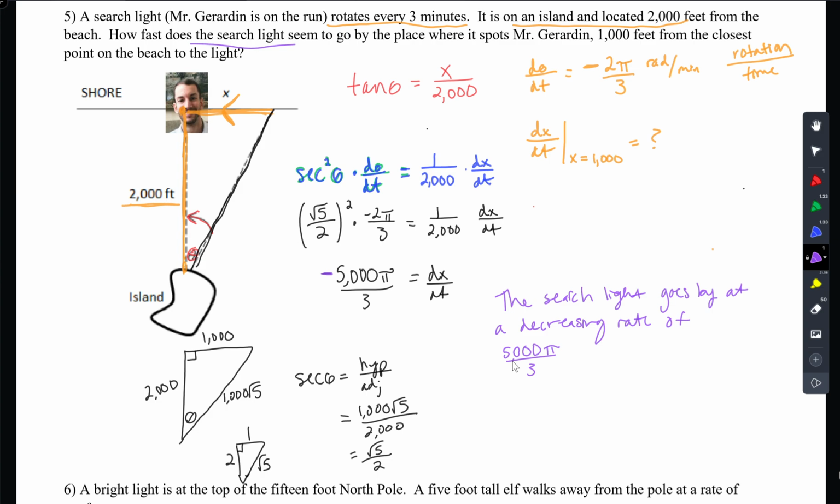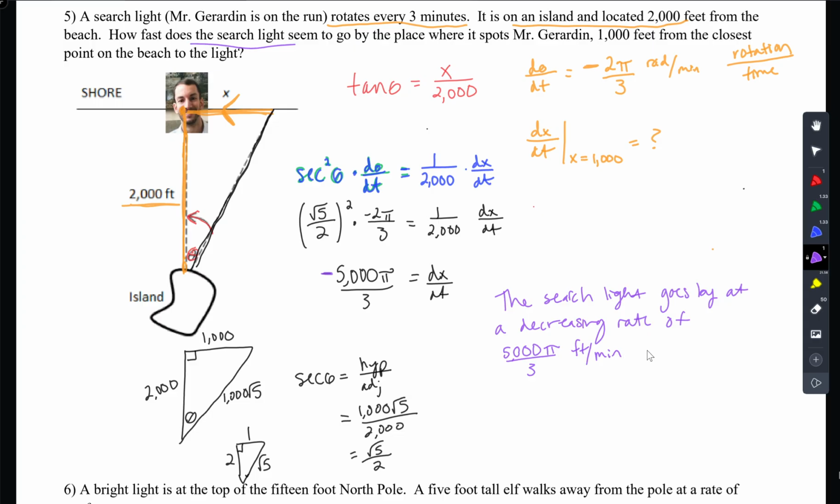And then for the units, if you get stuck, just look at what x was. What was x? The length. What's the length again? Feet. Okay, so feet per, t time was minute.